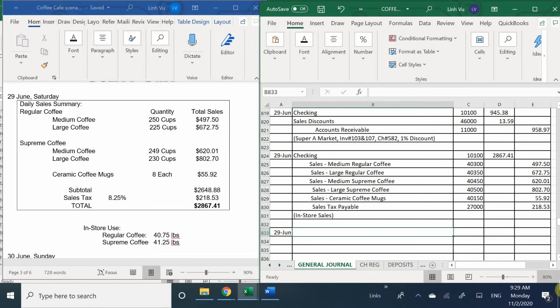So COGS regular coffee, 550. Oh, 550. Good. And then we're gonna do COGS supreme coffee, 500, 50, 100.